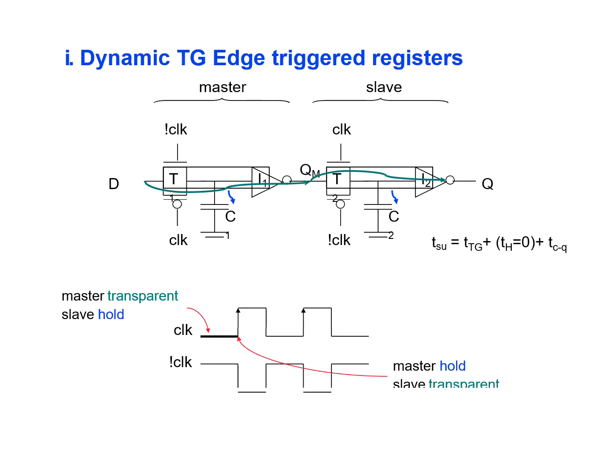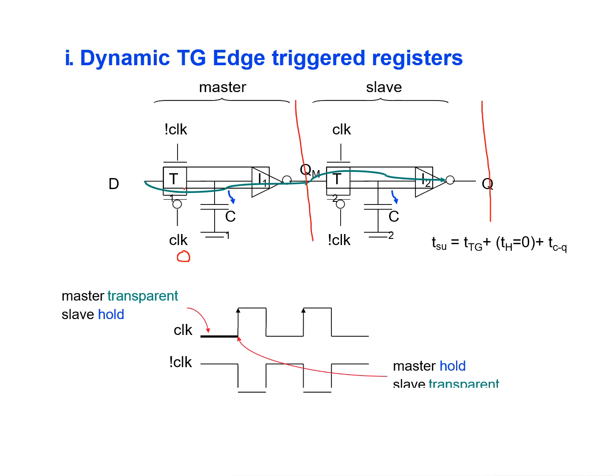Next, we are going to discuss the dynamic transmission gate edge trigger registers. This is a fully dynamic positive edge trigger register based on the master slave concept. We are using a transmission gate with the input, and this is your master and this is your slave.